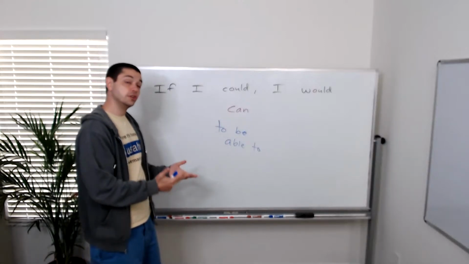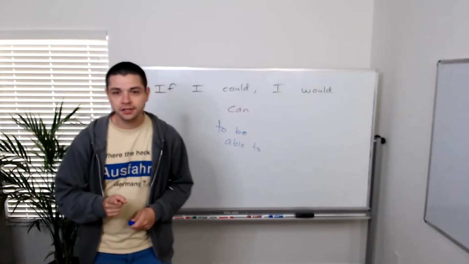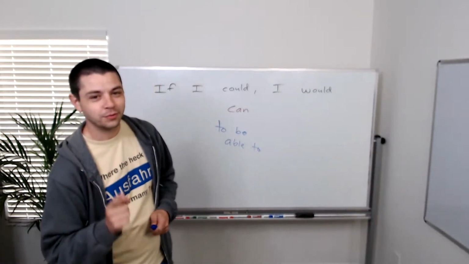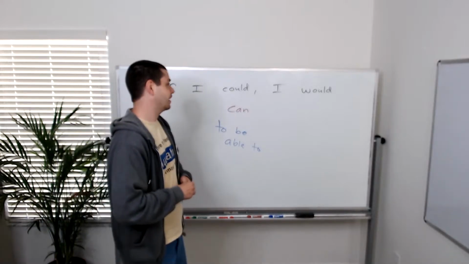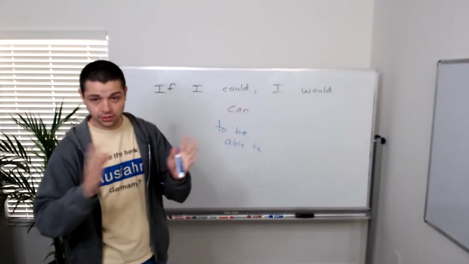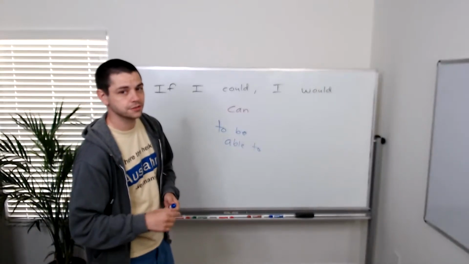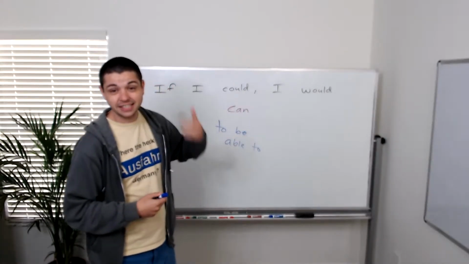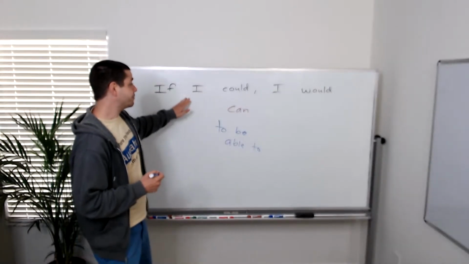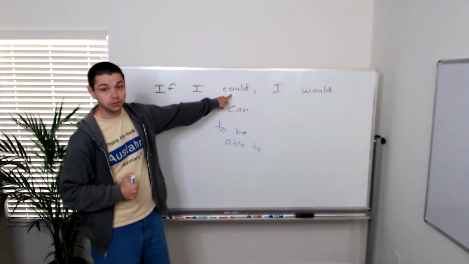And we can say can when we're speaking about the present. We can say could when we're speaking about the past. And we can also say could when we use it as part of a hypothetical situation, like when we use conditionals. So basically, we're saying, if I would be able to.